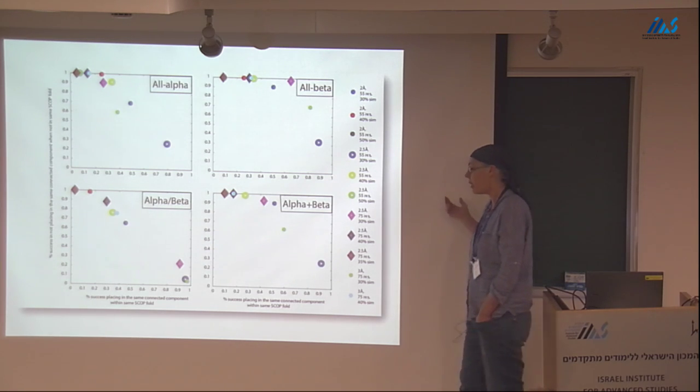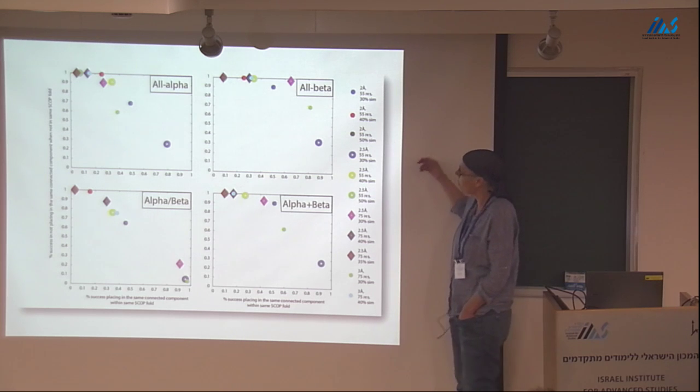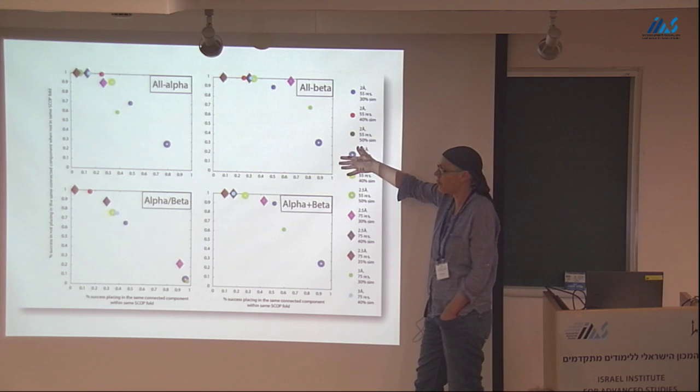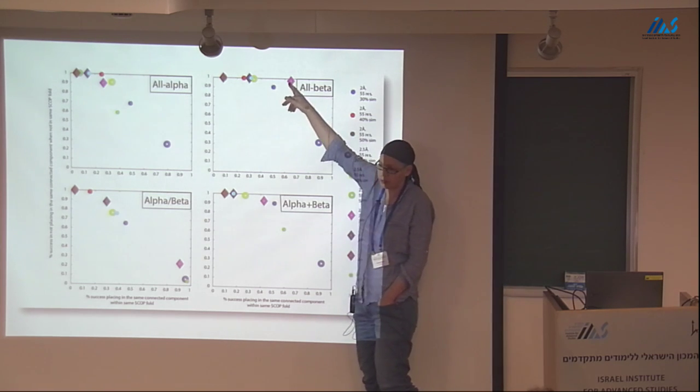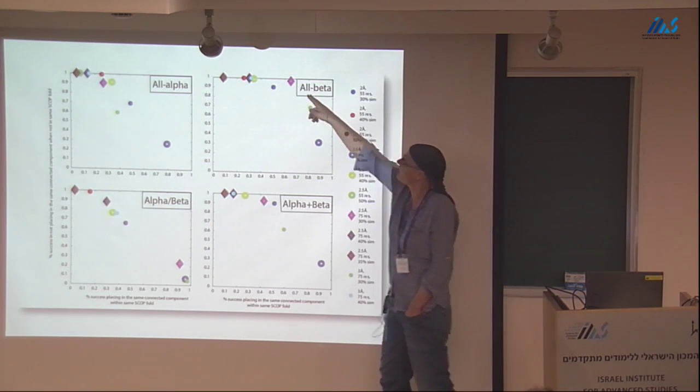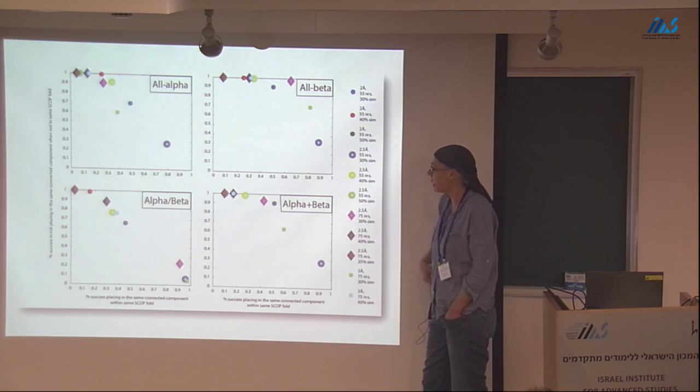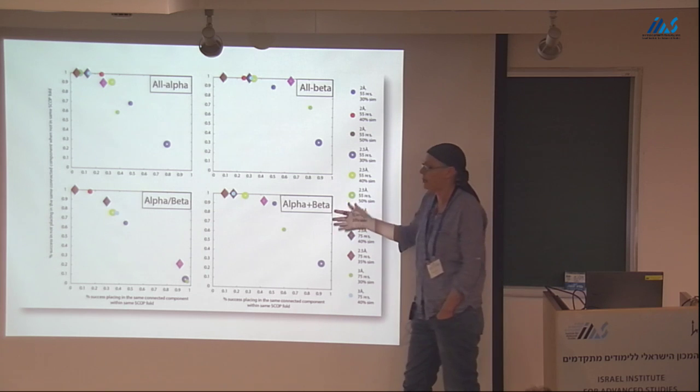And what we saw was, okay, so this is what we saw. If you look at the all beta proteins, for example, you see that you can really find thresholds, like the one we mentioned, that find points closer to the sweet corner. This is really happening. And similarly for the alpha plus beta, to some extent.